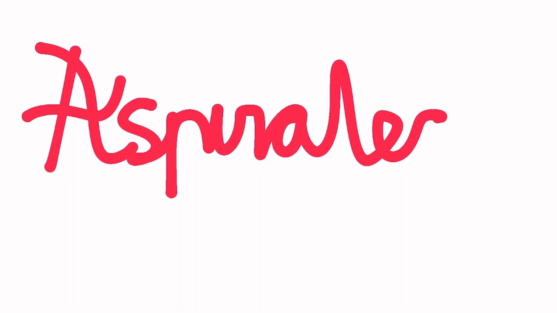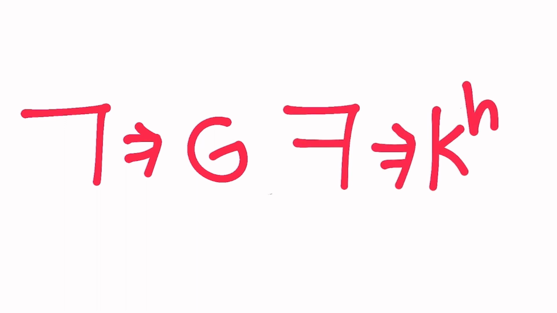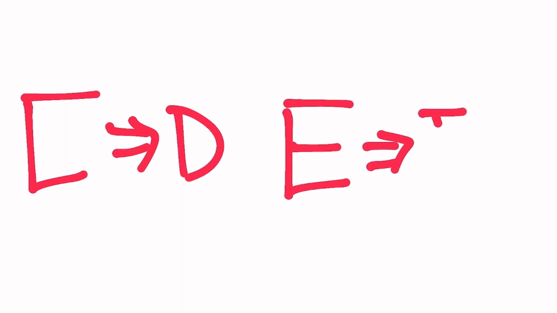Now we're going to learn Korean aspirated consonants. Here, the first one, we have G. This one is G, but for this type, it sounds like k, so there is an H sound. Next one, we have D right here, but for this one, we have to read it like t.